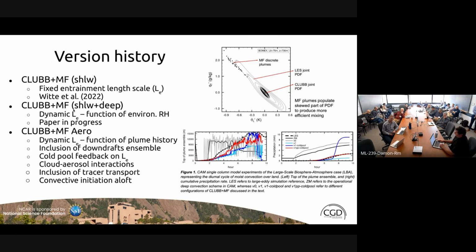We then moved on to a more general version called ClubMF shallow plus deep. The way that we make these mass flux plumes do both shallow and deep is that the entrainment length scale is now dynamic. We simply set it as some complicated function of the environmental relative humidity, which works.